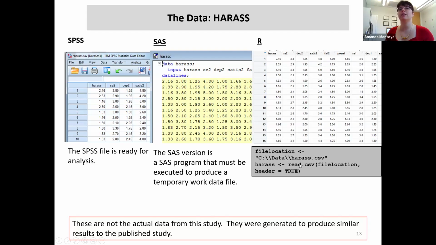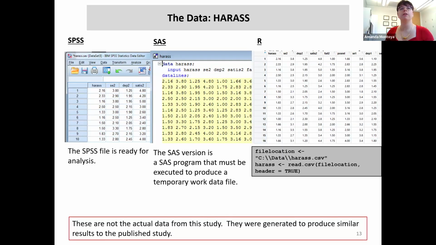Then you can use the read.csv function to save the harass data into your environment in R. All of the data sets have the variable names as the first line, so you have to set the argument header equals TRUE so that it knows the variable names are the first line. Otherwise, it will think all of your data are strings and it will get very confused.